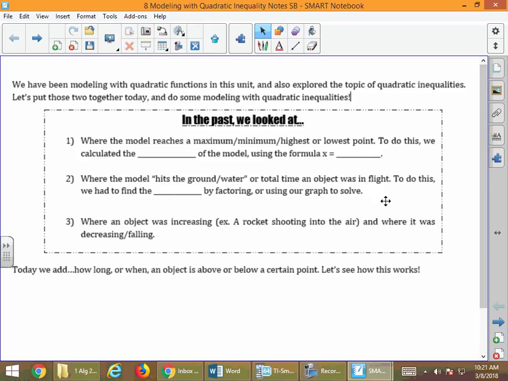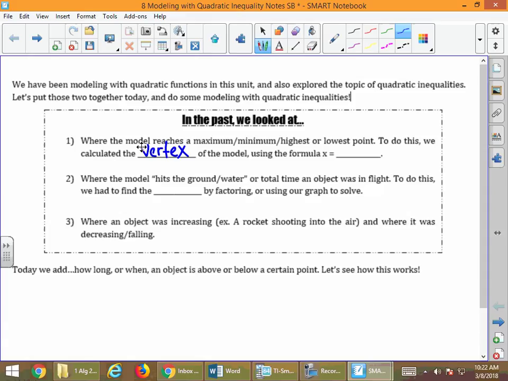Just to refresh our memory, where the model reaches a maximum or a minimum, a highest or a lowest point, we calculate the vertex. And remember, as part of calculating the vertex, we use the formula x equals the opposite of b divided by 2a. That's going to come up in a little bit.